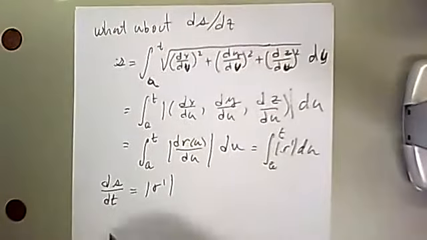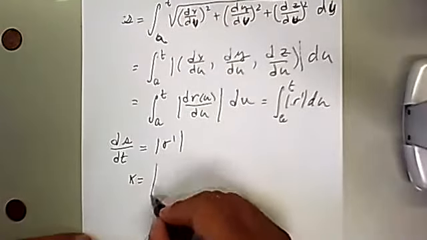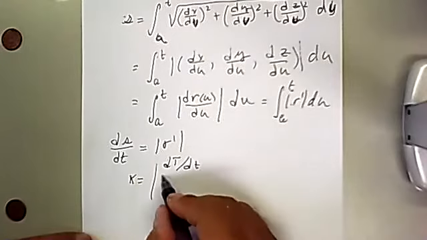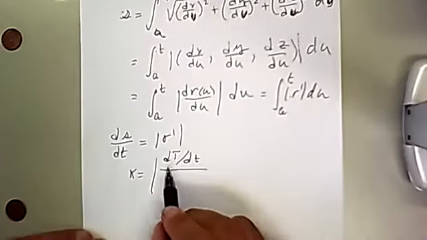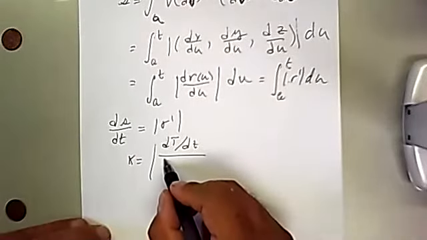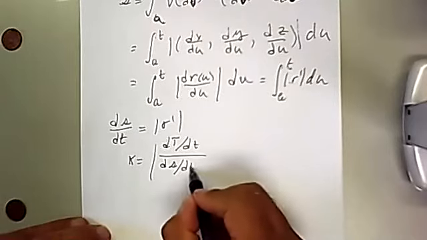So let's see. We want to find the curvature. The curvature is the derivative of the unit tangent vector with respect to little t, over the derivative of s with respect to t.